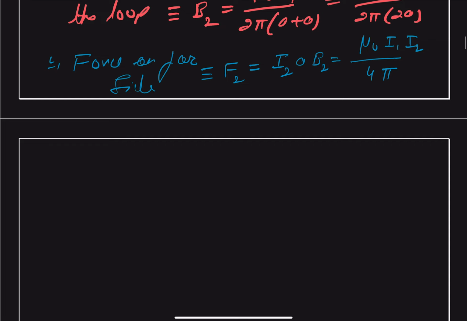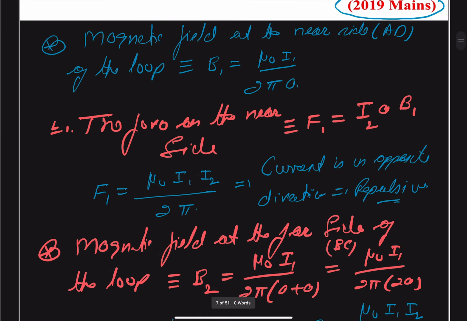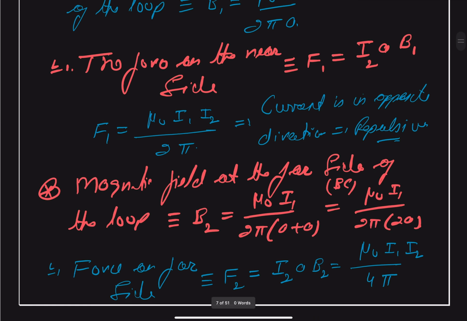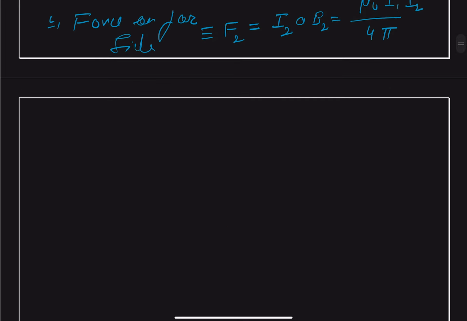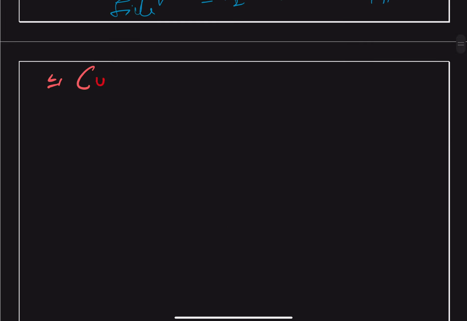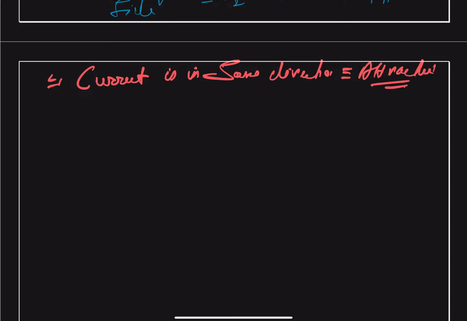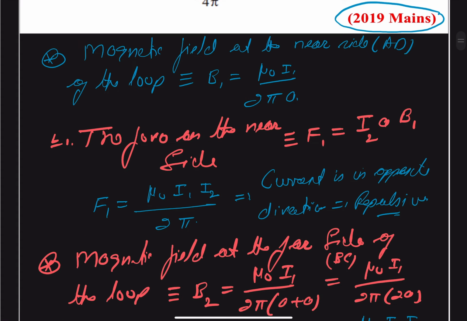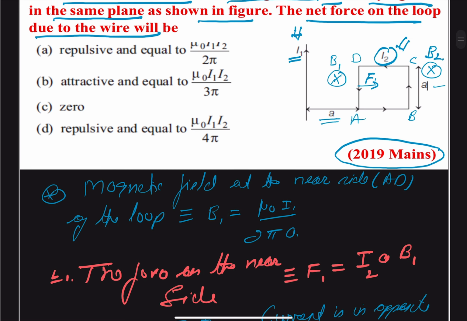Current is in the same direction, so this will be an attractive force. And therefore we have our F2 in this direction.